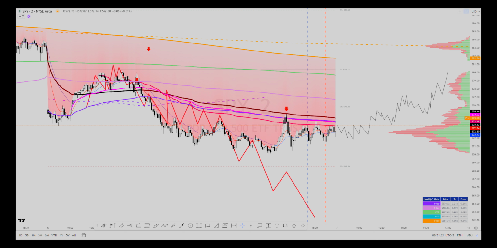Our bearish scenario would be something like yesterday too: monitor for this flush, rally back above.